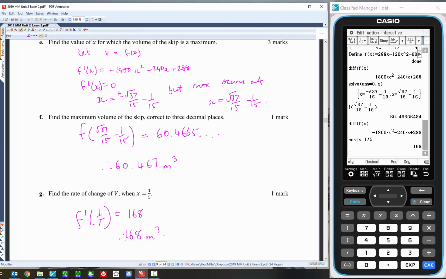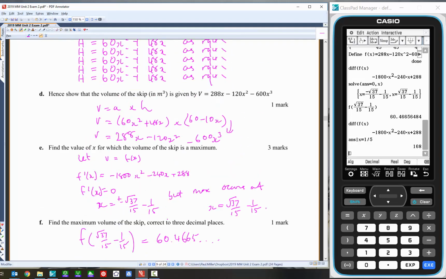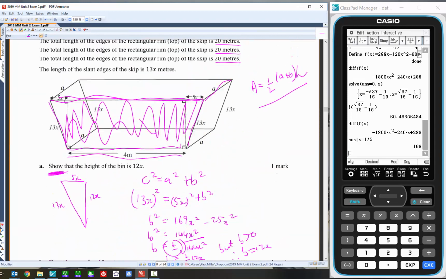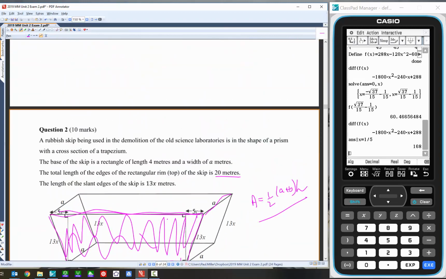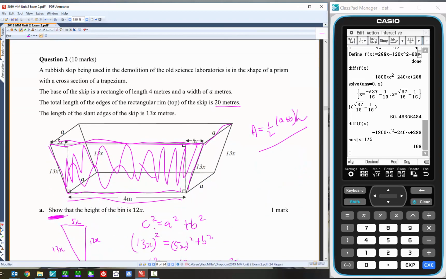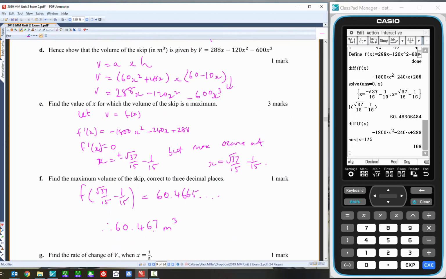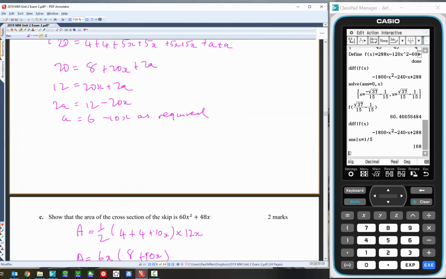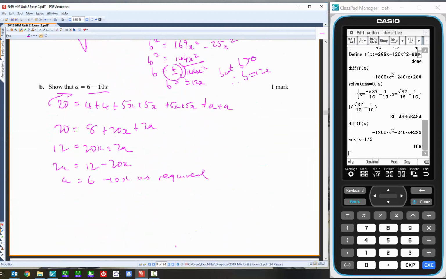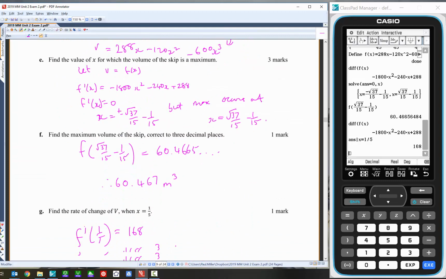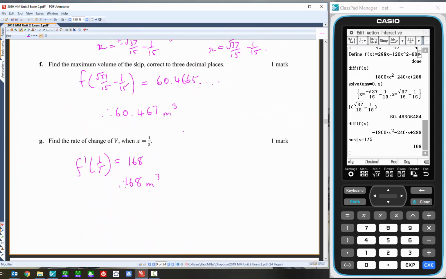Volume is in meters cubed. What's x? X is in meters. So the rate is 168 meters cubed per meter.